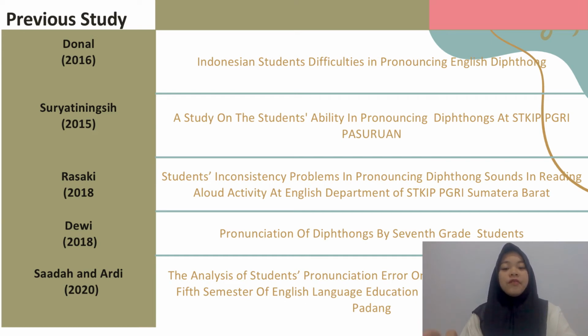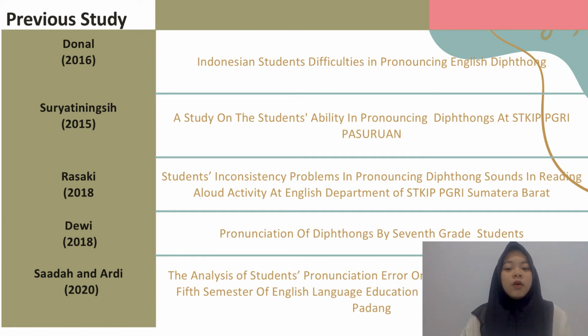The second previous study is Suciati C., 2015, who researched a study on the students' ability in pronouncing diphthongs at STKIP PGRI Pasuruan. As a result, the researcher found that many students have incorrect pronunciation in pronouncing English diphthongs.